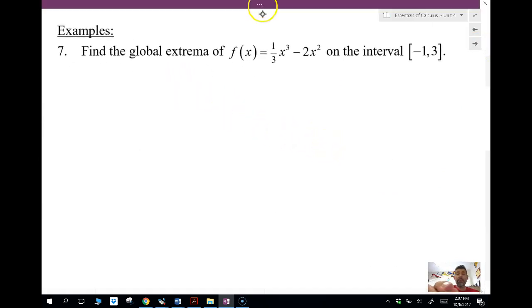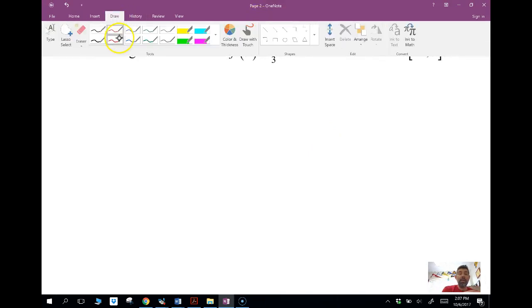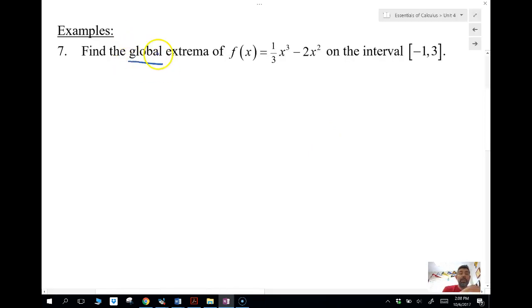All right, so let's find the global extrema. Global means absolute. Okay, so we're going to do step 1, which is take the derivative.